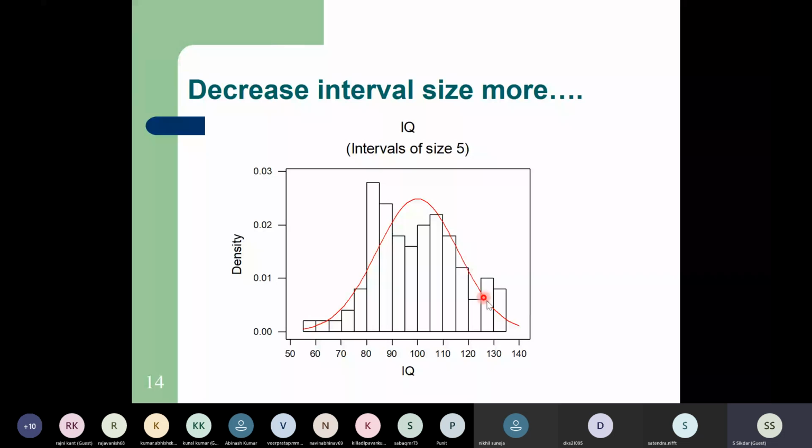It is just like the definition of a limit. If you make delta x as small as possible, that's the way you define dy/dx. Similarly, if you make these intervals smaller and smaller, eventually they become a smooth, continuous curve, which gives you this normal curve.